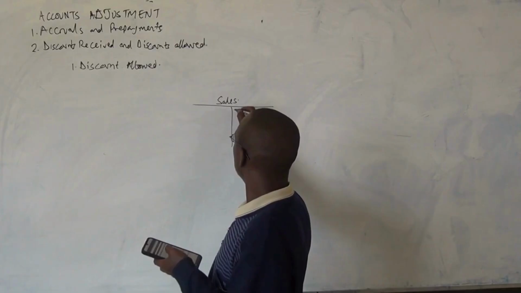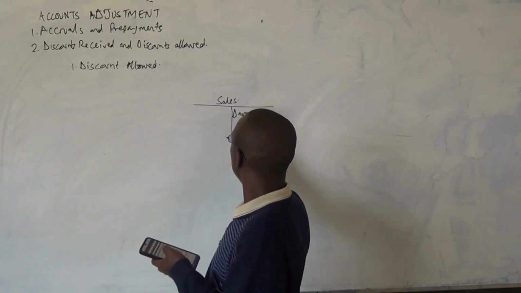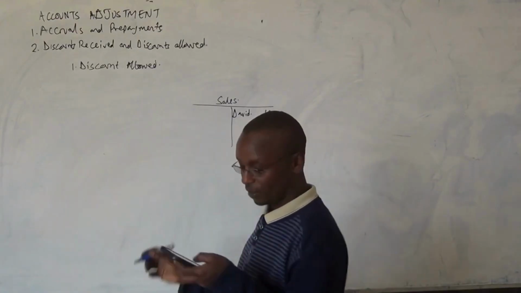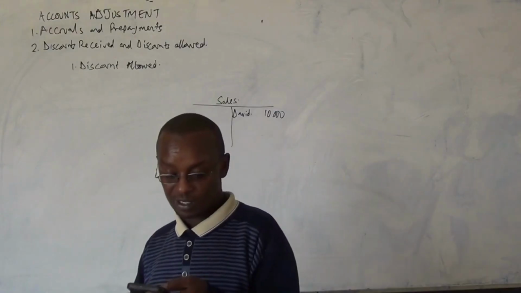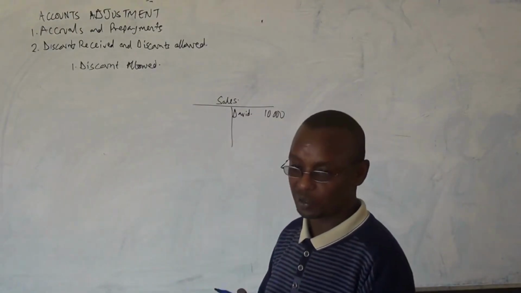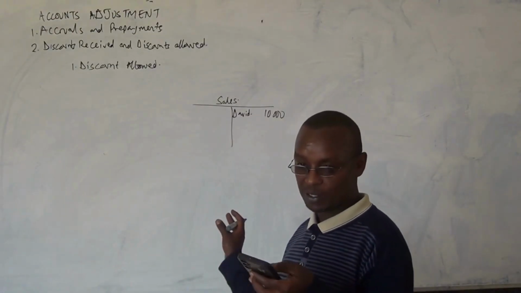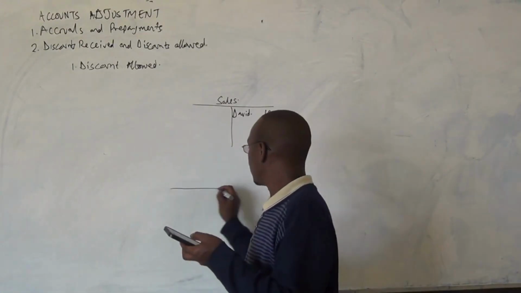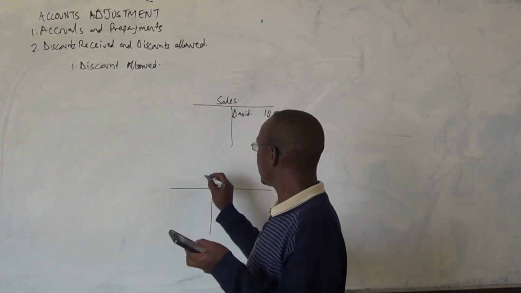Okay? So maybe we have sold to David 10,000. But this David, you have given him a discount. Let's start with 5%. So you have sold him at that amount, isn't it? The double entry is here.